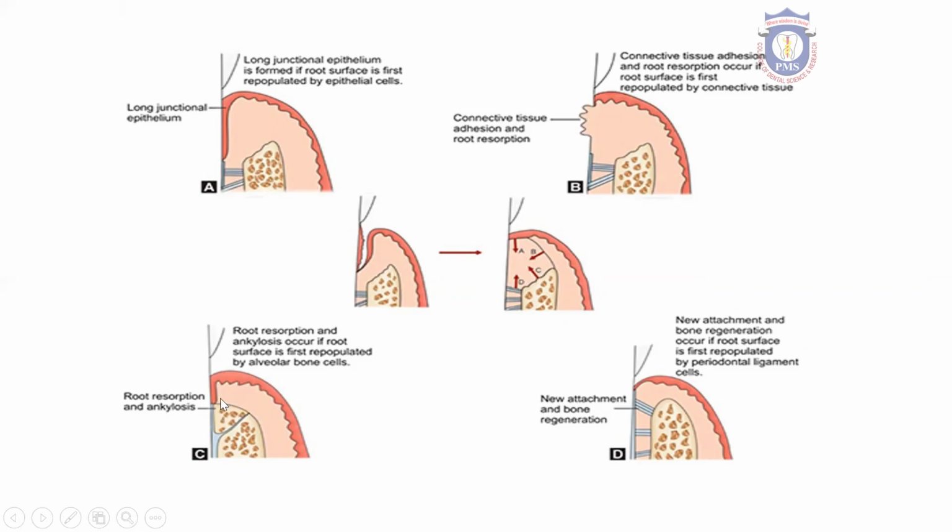If the area is repopulated first by the bone cells, then it results in ankylosis without any periodontal ligament cells. But if the area is repopulated by periodontal ligament cells, then it results in new attachment and bone regeneration. So the type of cells which repopulate the wound site after a periodontal surgery determines the type of attachment.